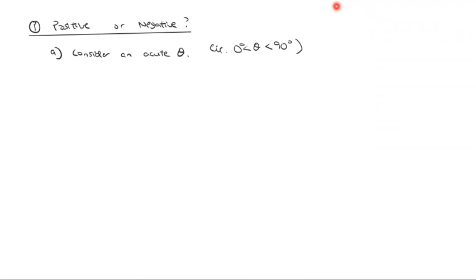The rules I'm about to tell you are identities, which means they work for any value of theta. We can prove that if we want to, but for the purposes of memorizing the rule and figuring out what to do, imagine it's acute.